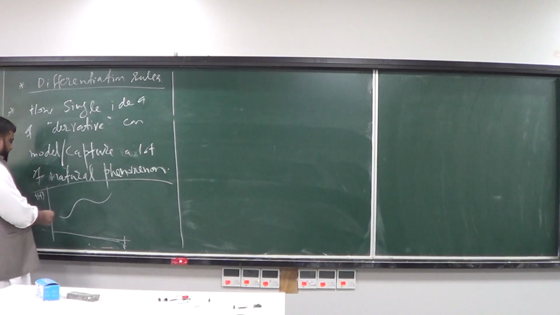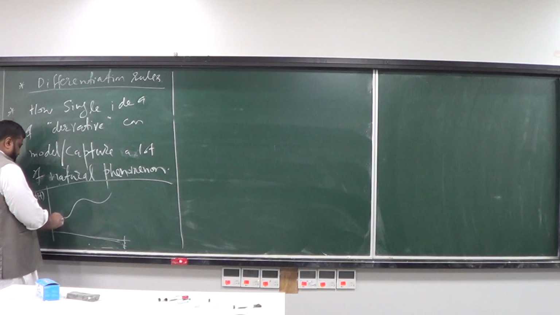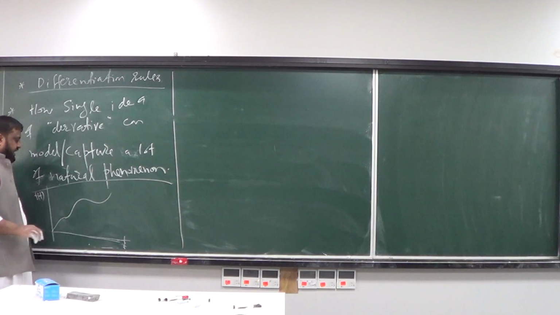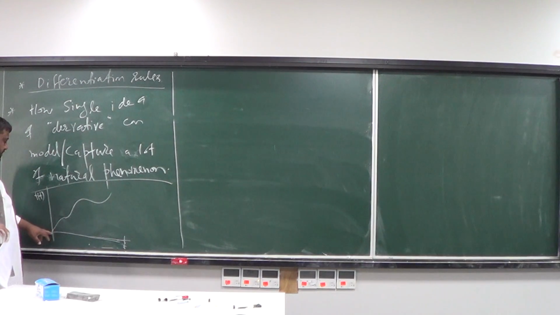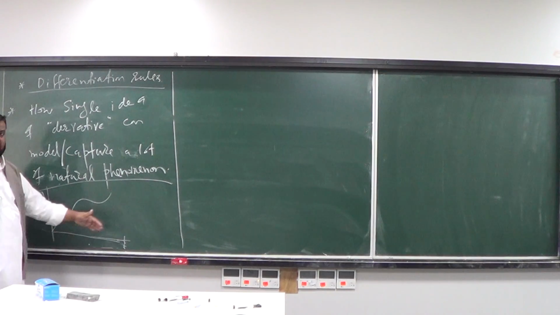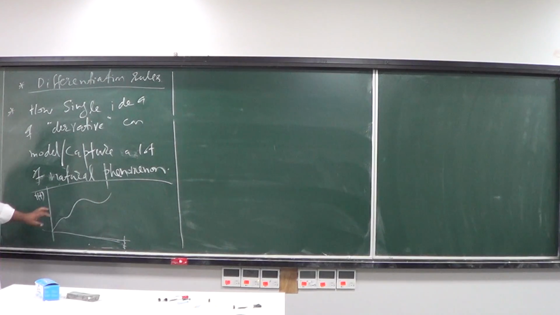So 0 is the time when the company was initiated, and then over time the earnings go up, then slow down a bit, and then go up again, and so on. You can have multiple interpretations.